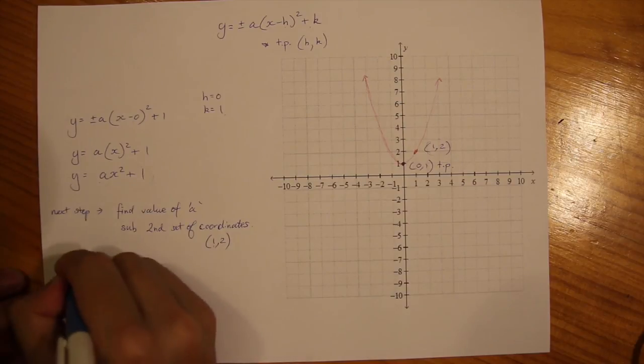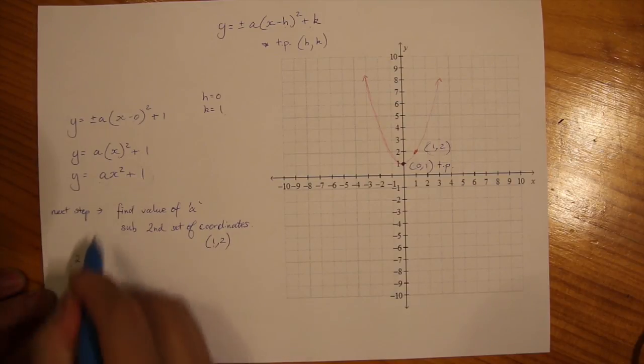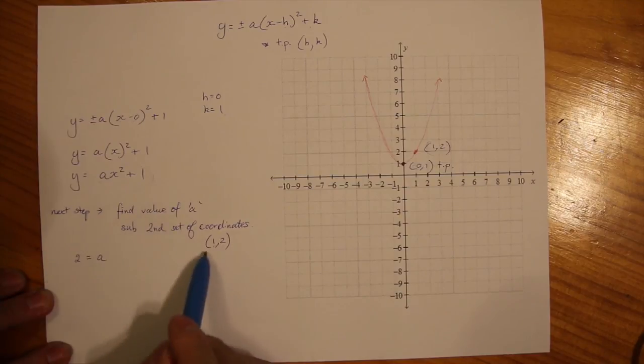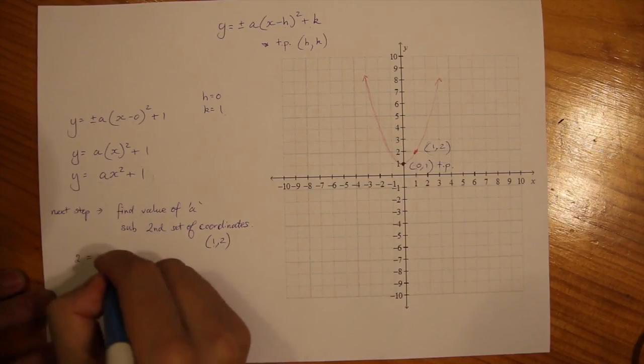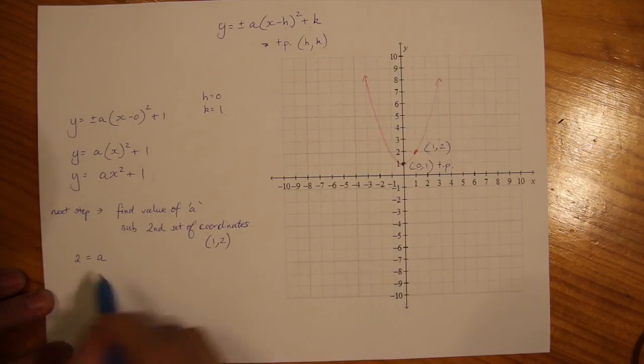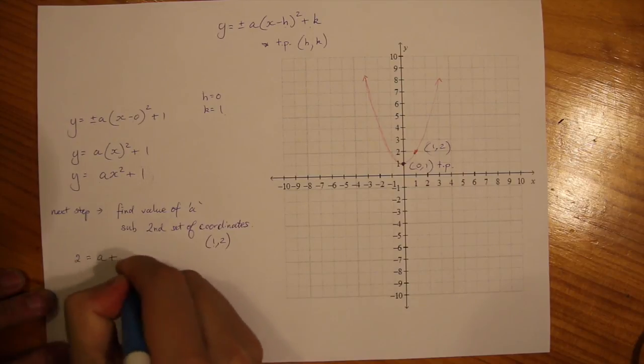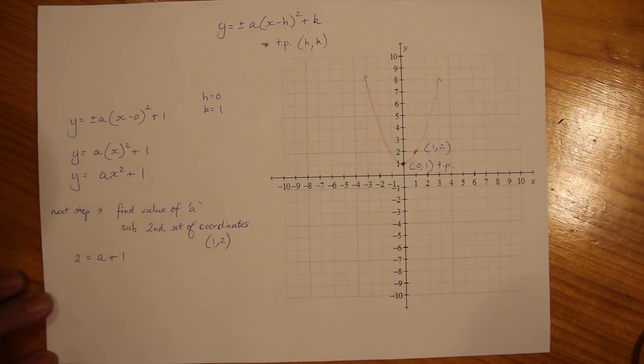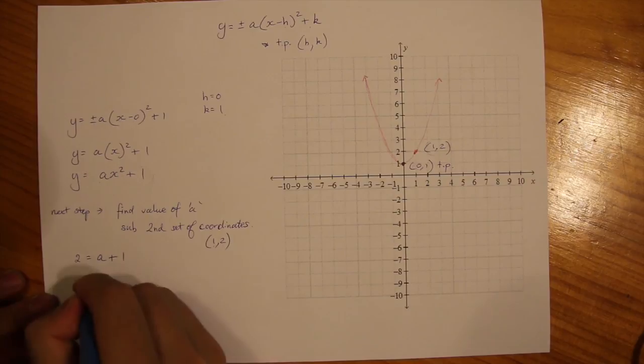y equals 2. So 2 equals a, x is 1. So 1 squared is just basically 1. So a times 1 is just a. And we have plus 1. Okay. To get rid of the positive 1, we carry it over to the other side.